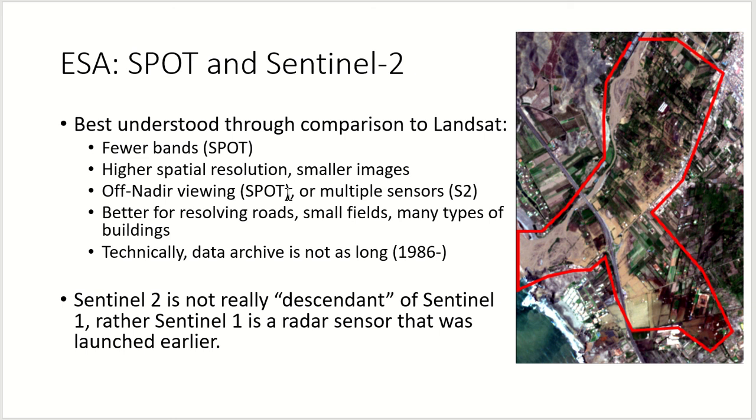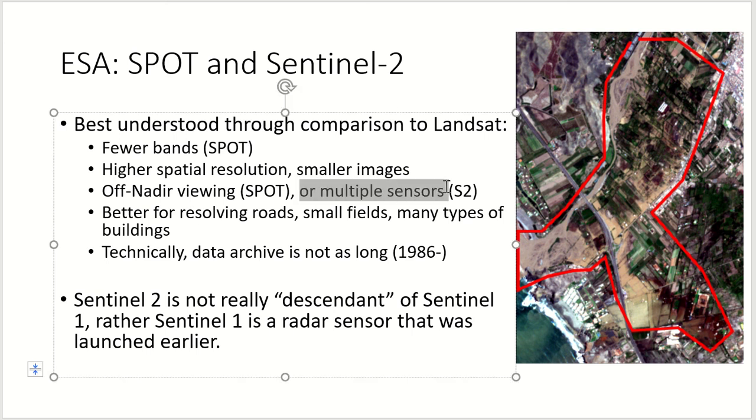So even though the sensor won't actually pass over the same location for another, I believe, 18 days for SPOT, by capturing an angle observation, you can get an image for that same location much sooner. It just won't be directly below the sensor, so it would need to be corrected in some way for the geometry.